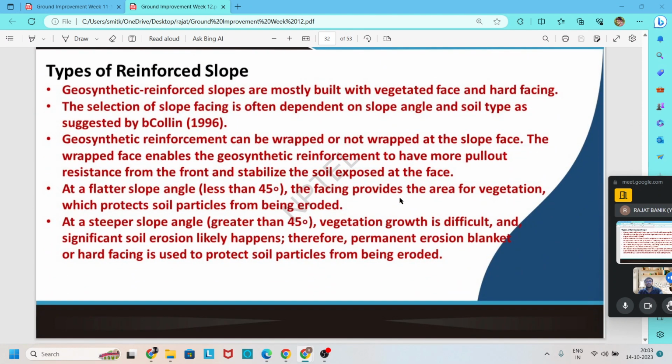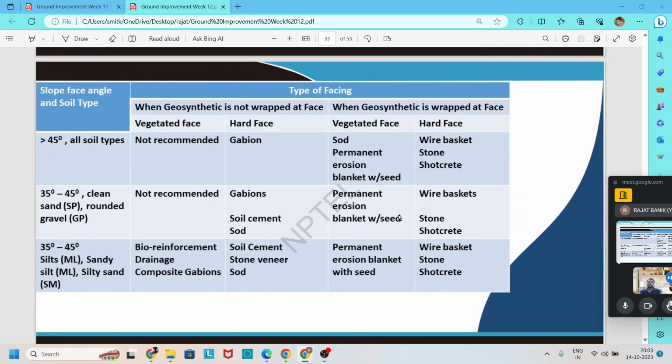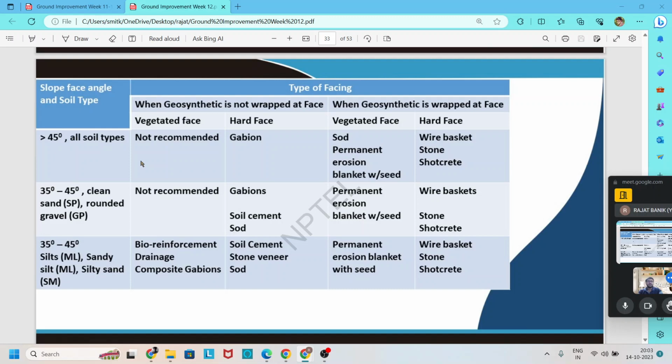We also discussed the different types of reinforced soil based on the type of soil, slope angle, and also based on the vegetative face or not, or hard face or not. So whether the geosynthetic is wrapped or not wrapped, we created different facings or different types of reinforced soil.